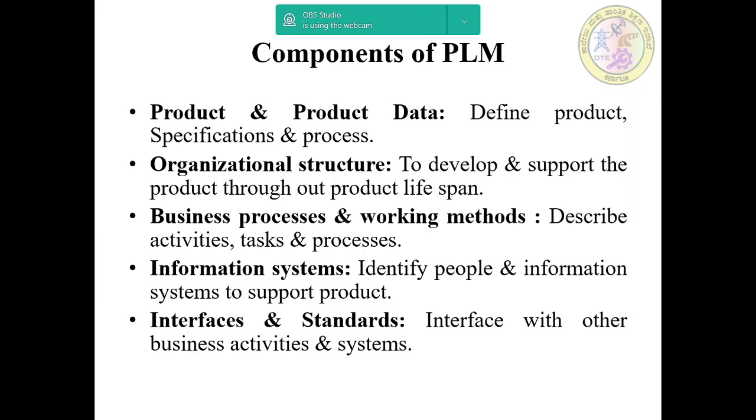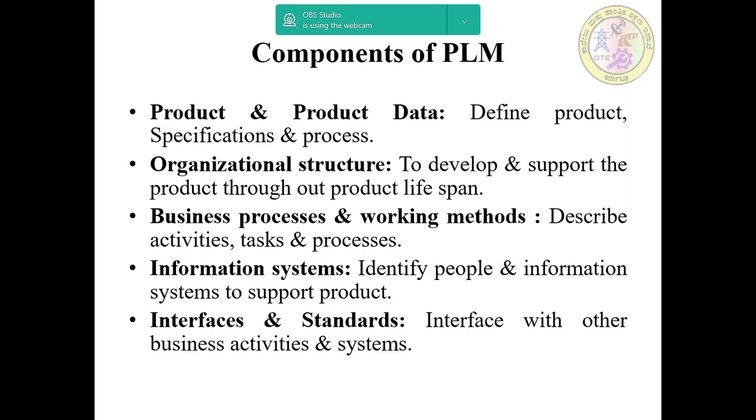First one is product and product data. In this, define the product specifications and the processes involved in producing the product. Second one is organizational structure, to develop and support the product throughout the product life span. The next one is business processes and working methods, which describe activities, tasks, and processes.